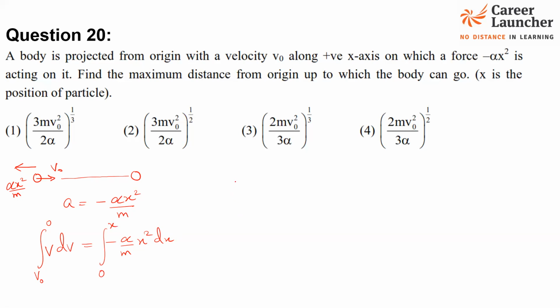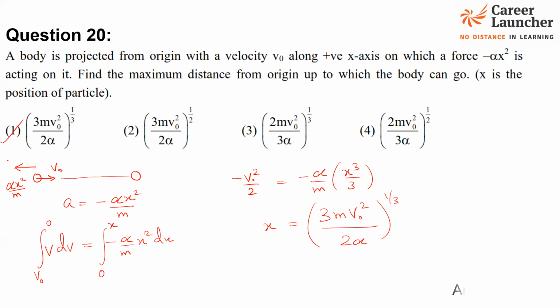On the left hand side I'll get minus v naught square by 2, and here I'll get minus alpha by m, x cube upon 3. Minus minus cancel, and x will come out to be 3m v naught square upon 2 alpha, the whole to the power 1 upon 3. So my answer is option number 1.